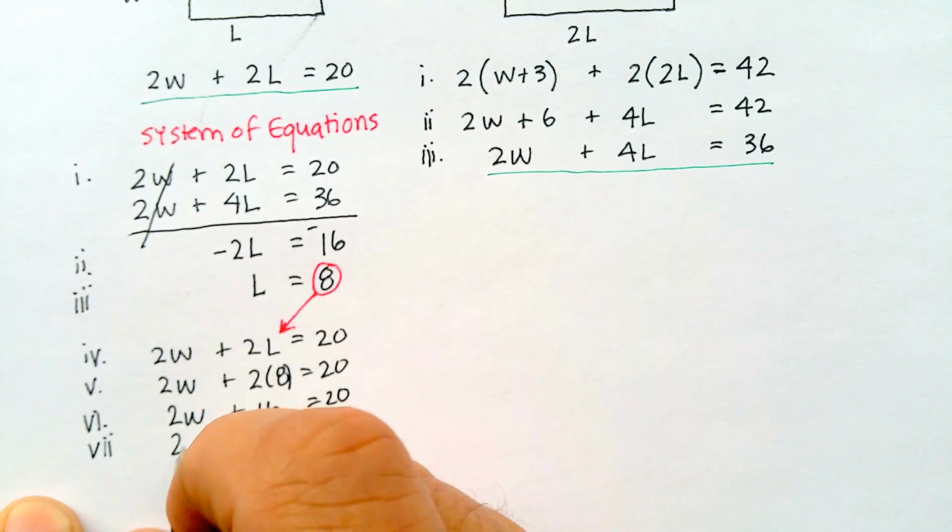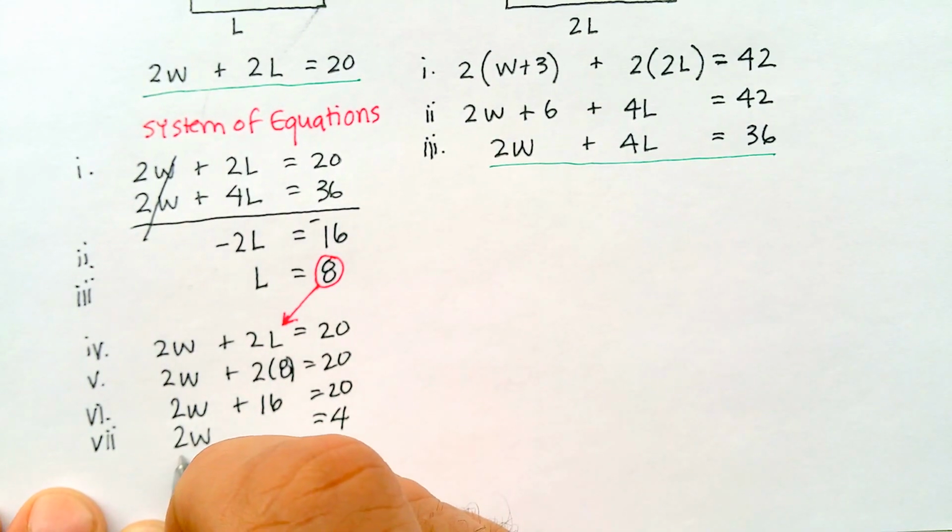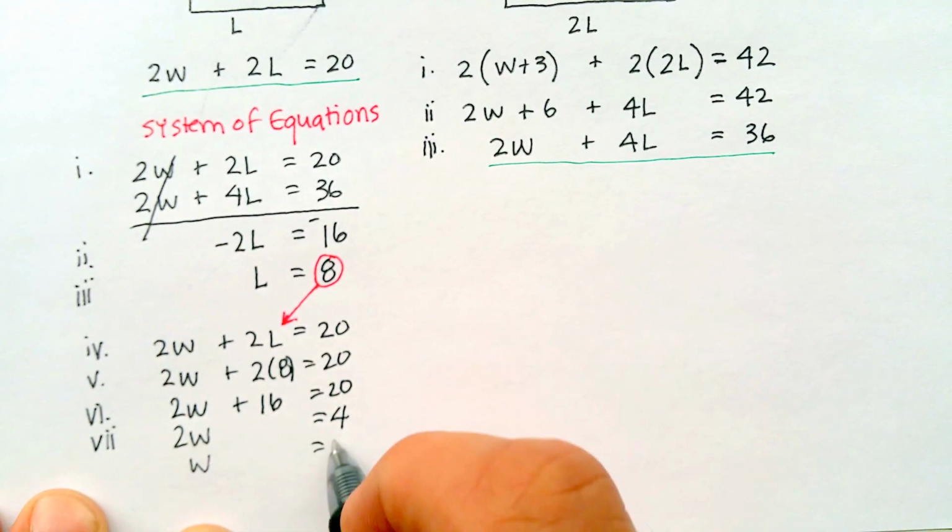Let's subtract 16 from both sides. I get W is equal to 2.